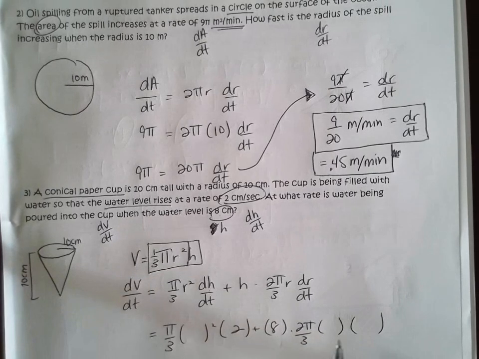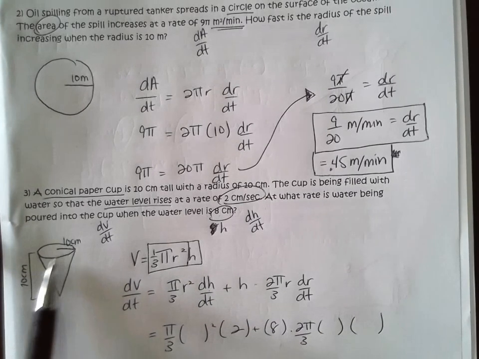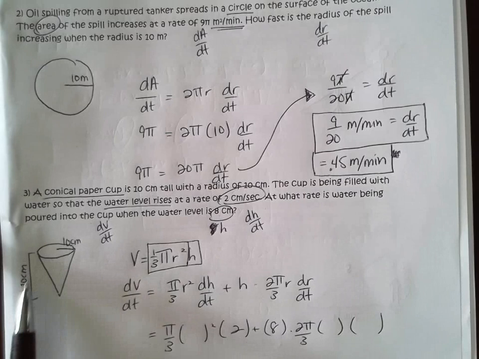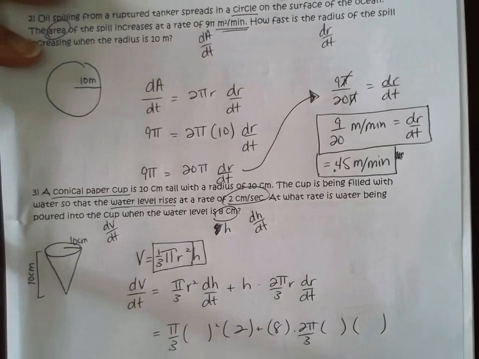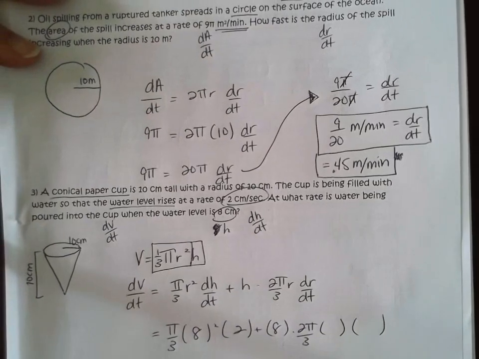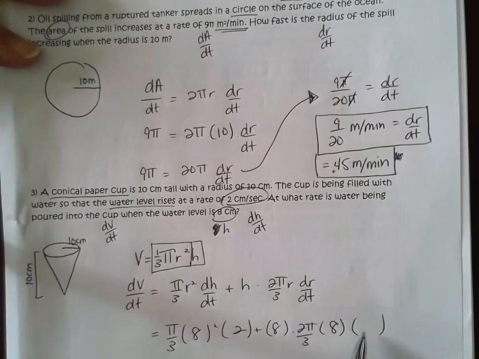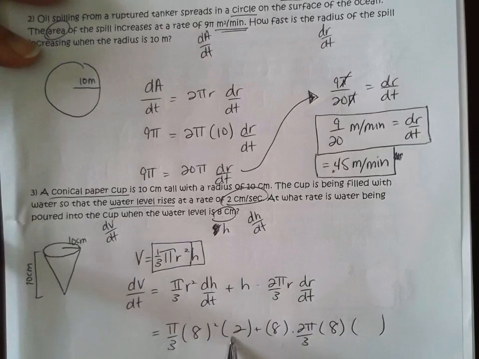What else do we know? Well, we're missing all of this information about r. Keep in mind though, your radius and your height were the same. So they have a 1-to-1 relationship, which means your height and your radius are the same value. My r is also 8, and my dr/dt would be changing at the same rate as this.